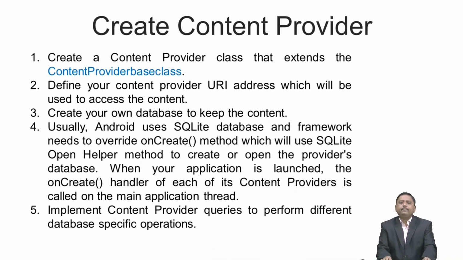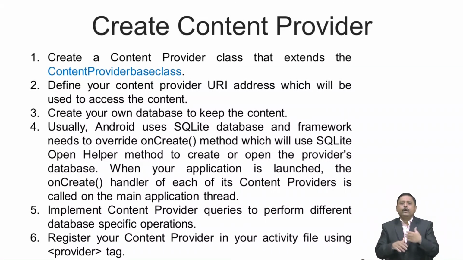Then you have to implement content provider queries to perform different database specific operations such as insert, update, delete and query. And then you have to register your content provider in your manifest file using the provider tag. So these are the steps that you can perform to create your own content provider to provide data to other applications.